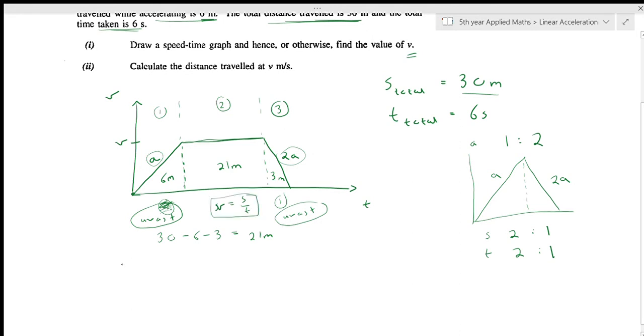We also know that the area under the graph equals distance travelled. So if we look at stage 1, it's a triangle, so we could say half the base times the height equals 6 meters, which is the distance travelled.